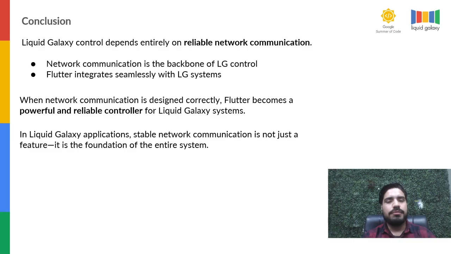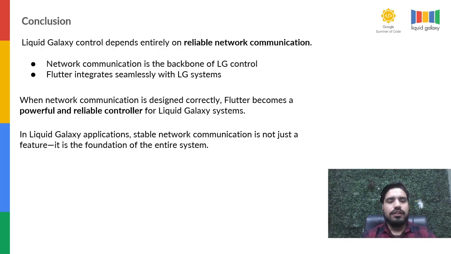Network communication is the backbone of LG control. When network communication is designed correctly, Flutter becomes a powerful and reliable controller for the Liquid Galaxy system. If the connection between the Flutter app and Liquid Galaxy is strong, then it provides a seamless experience.